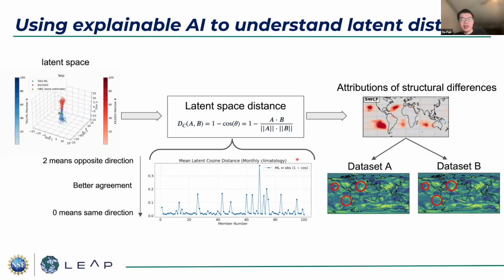And then we apply the explainable AI to the latent space distance, the cosine distance, to reveal which physical features drive these structural differences. In this attribution plot, the red spots highlight where the model differs most from the observations. Then we go back to the input data and see whether these spots are really meaningful.